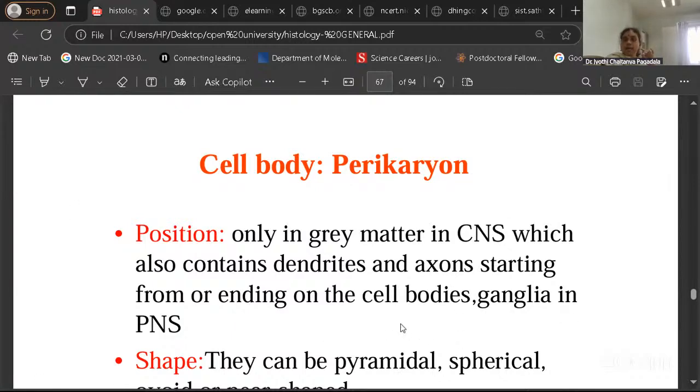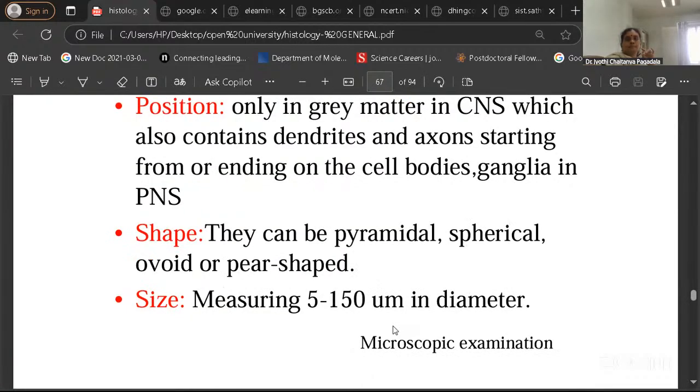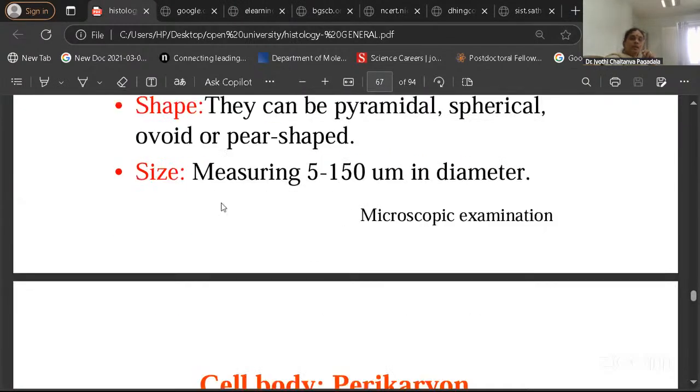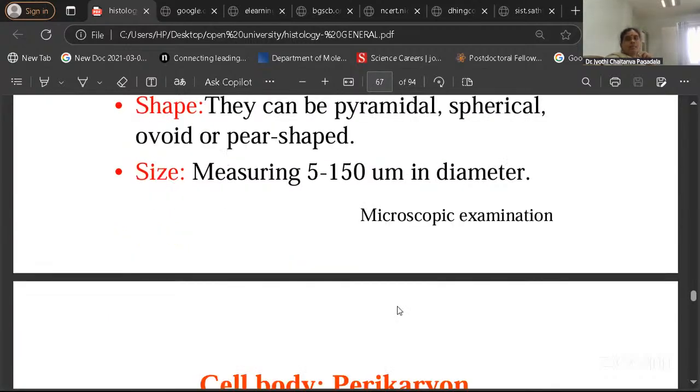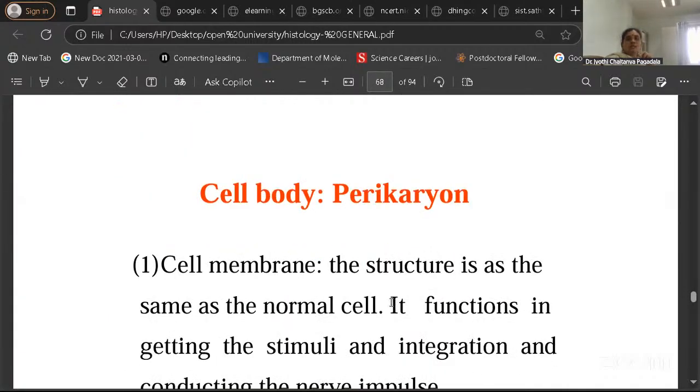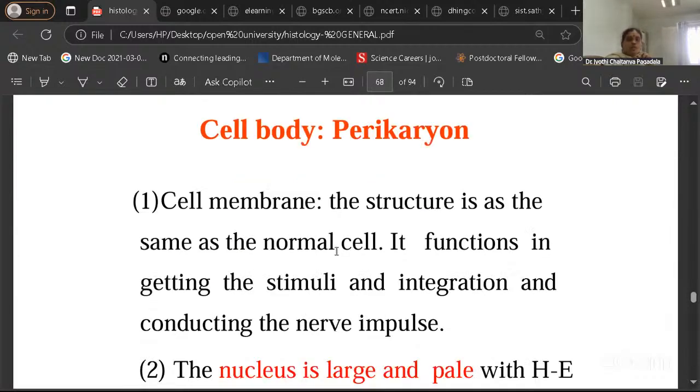Those are ganglia in the PNS. The shape can be pyramidal, spherical, ovoid, or pear shaped. The size of the perikaryon measures 5 to 150 micrometers in diameter. You can see this perikaryon under the microscope also.